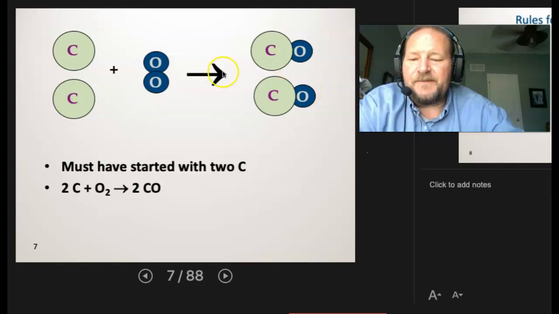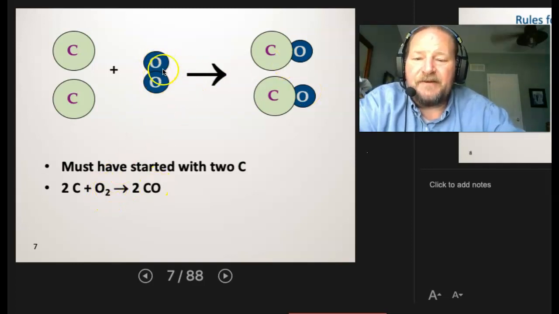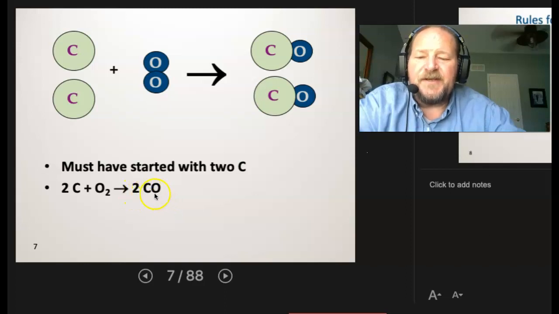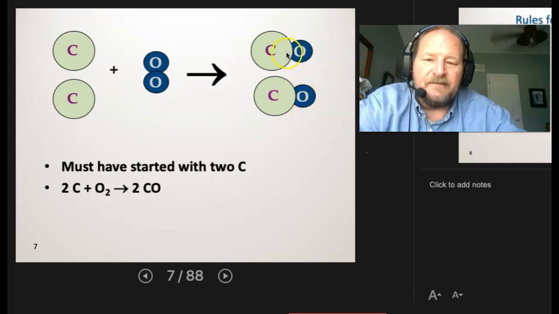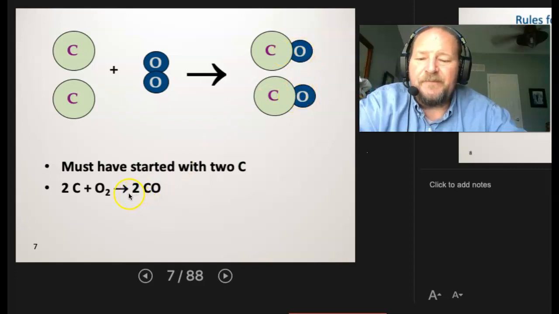So the subscripts, as we see here, tell us that it's going to be bonded together, so the CO is connected. The coefficient, which we have here, is simply saying I have 2 of these things. And so here I have 2 individual carbons. We see this again on the product side. We have 2 COs. Now the CO is a molecule, it's connected, and we see that up here. But we have 2 of them, coefficient 2.